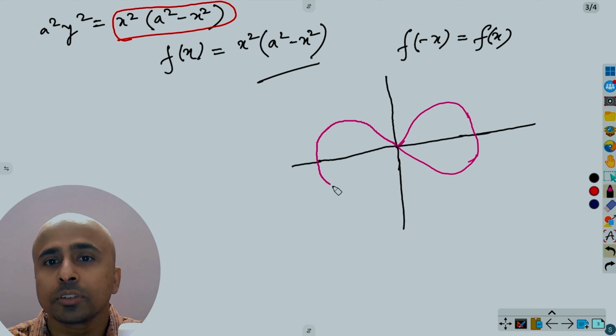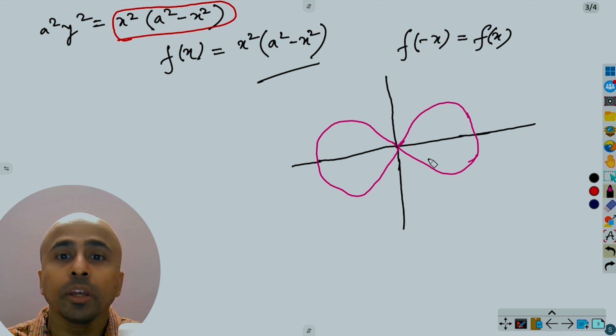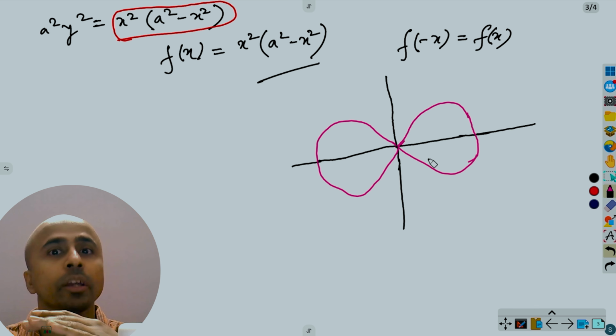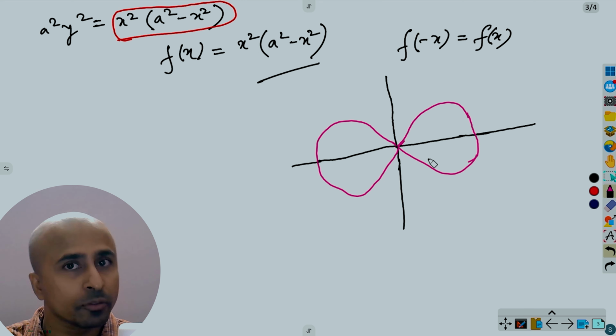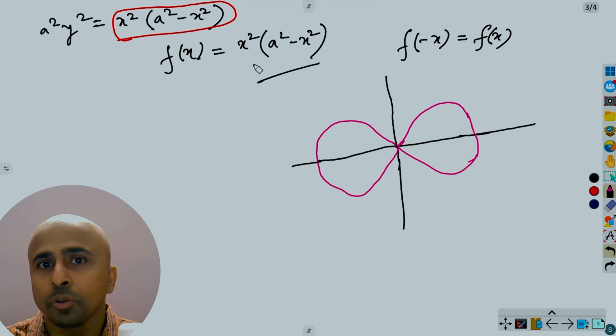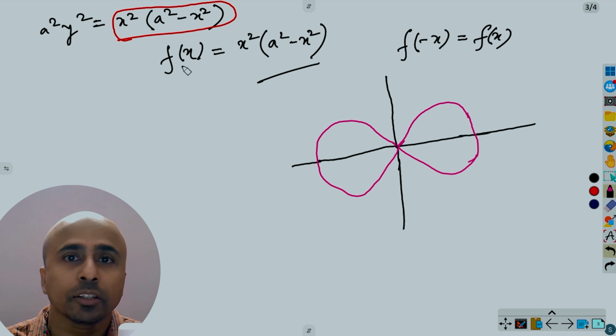So the way it looks on the left-hand side, the way it will look on the right-hand side, the way it looks in the upper part of the x-axis, it looks similar in the lower part of the x-axis. So simply by noticing the equation carefully, you can conclude lots of things.